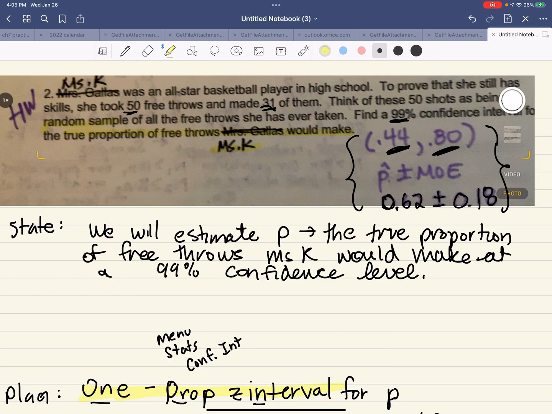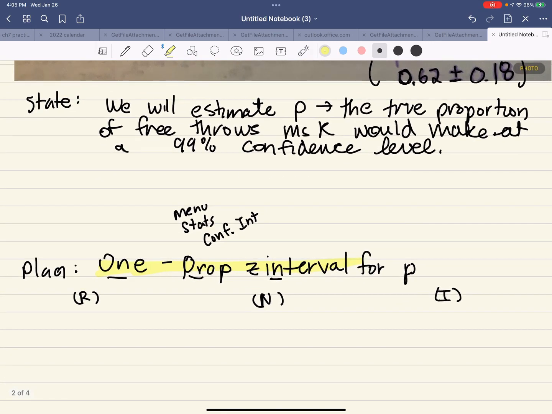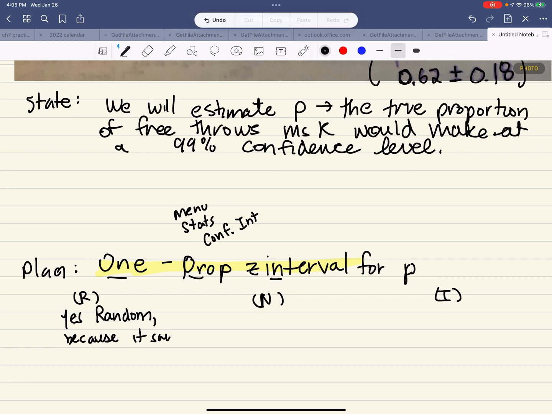It says the shots were taken, yes, it's random, because it says it was a random sample.